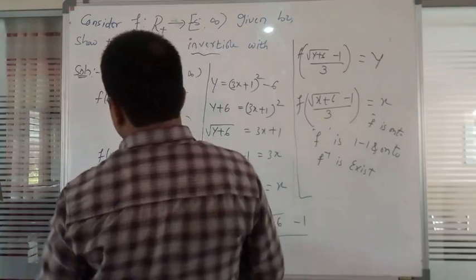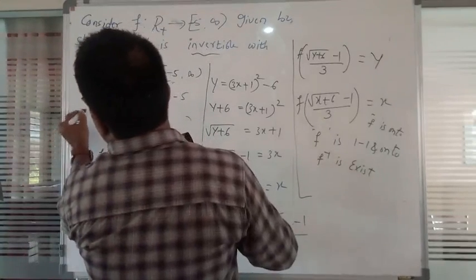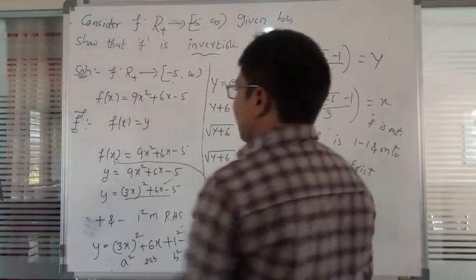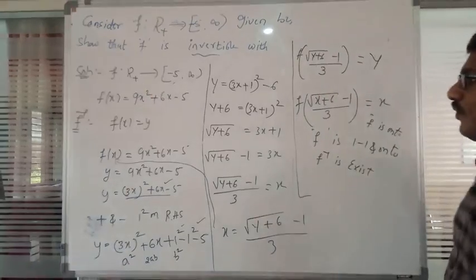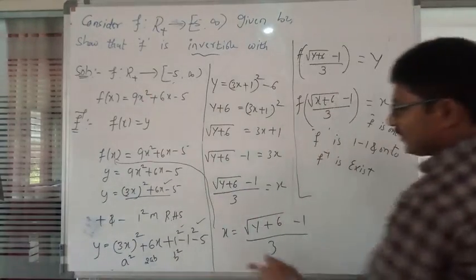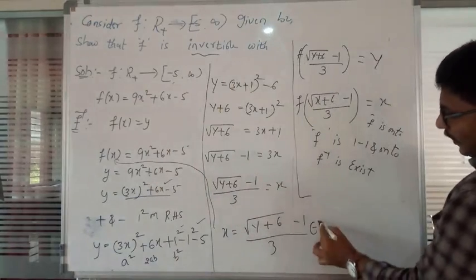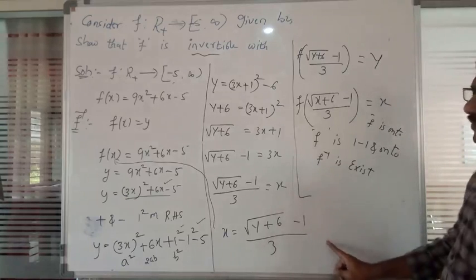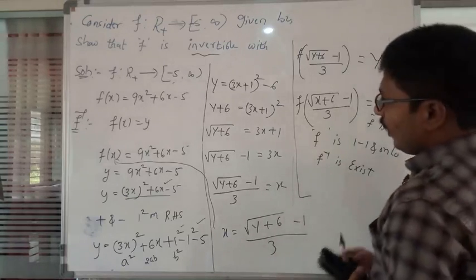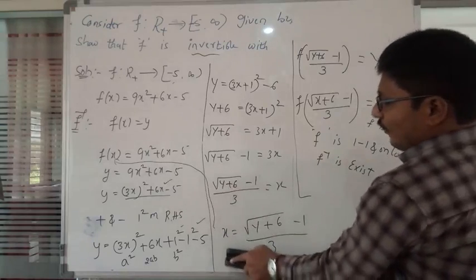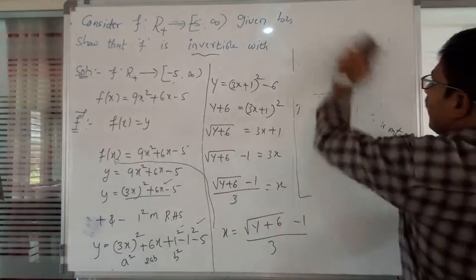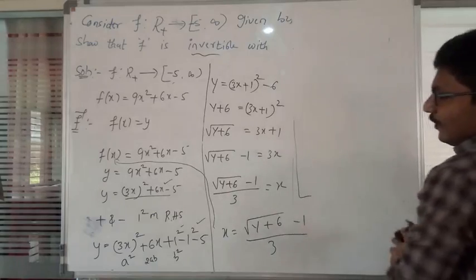Finding f inverse is also very simple. The procedure you followed for onto functions, the same procedure you follow for f inverse. Similarly, write f of x is equal to y, the same procedure as in onto functions, and it belongs to R plus. Up to here, we bring in f inverse. Finally, what is the meaning of x?